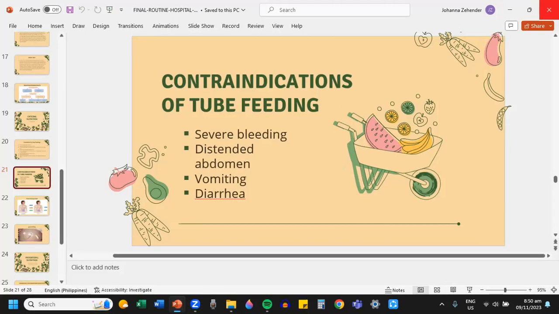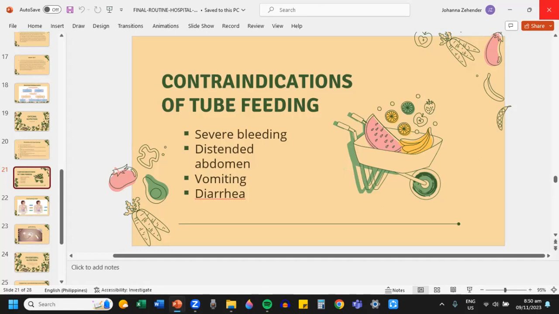Next, you're also not supposed to give tube feedings to patients with distended abdomen. Okay? Also, those patients who are suffering from vomiting or diarrhea, sayang lang yung food kasi i-expel pa rin nila. Okay?